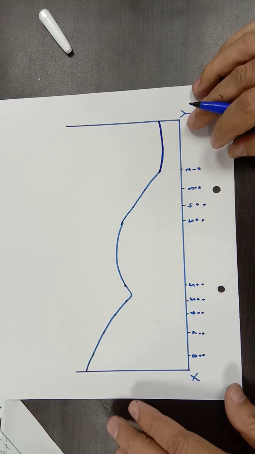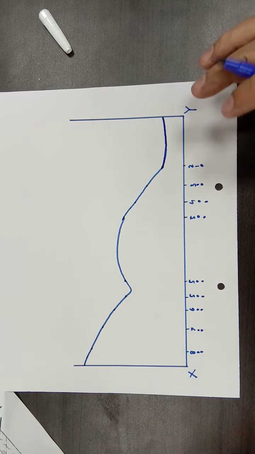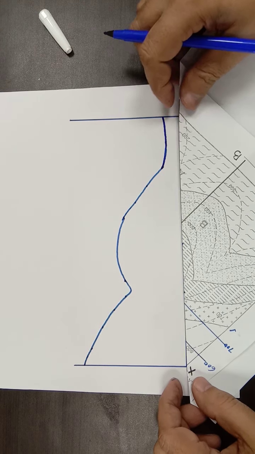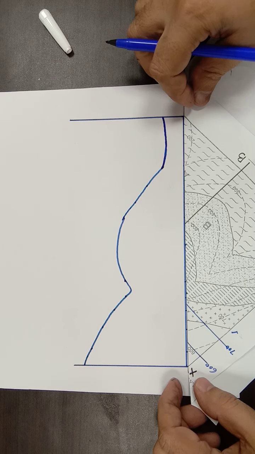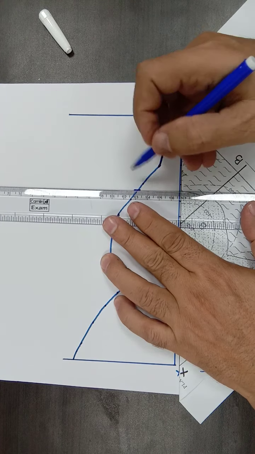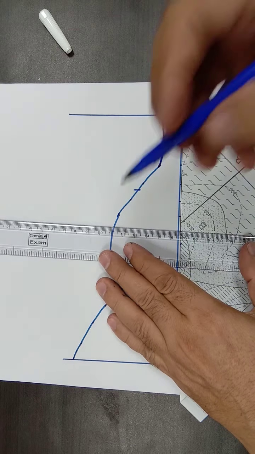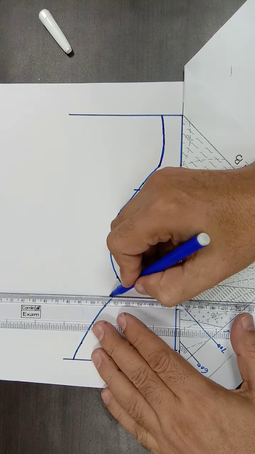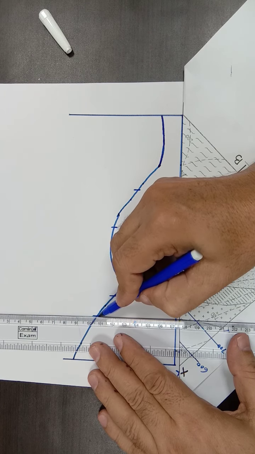I have taken this very point. After this, I will transfer the contacts, whatever has come along my section line. So this is the first contact, then we have another contact here, another contact here, and then we have a contact here.